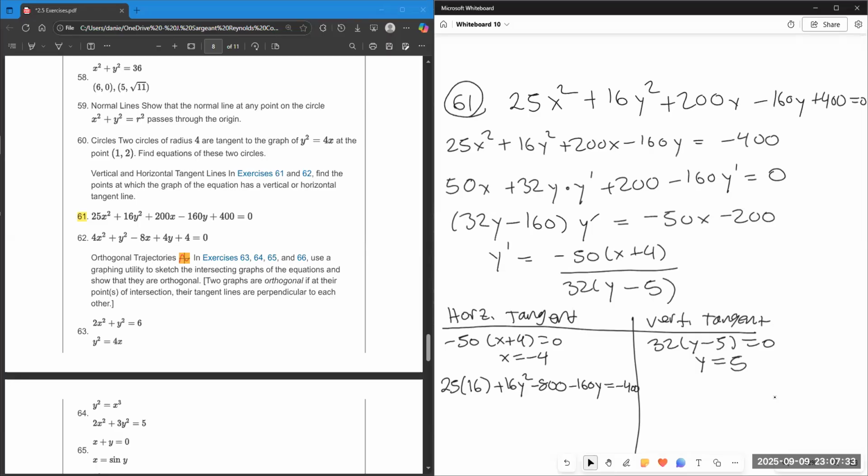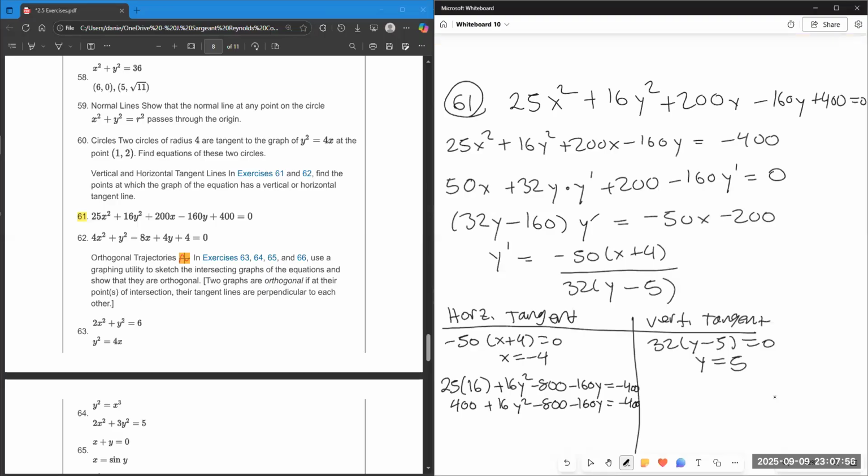So let's go ahead and look here at 4 times 25 is 100, and that has another 4, so this is 400 plus 16y squared minus 800 minus 160y equals negative 400.